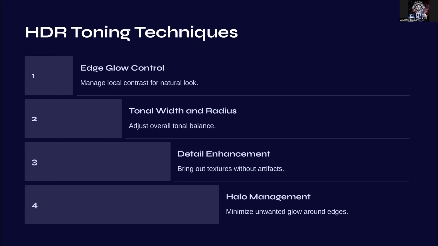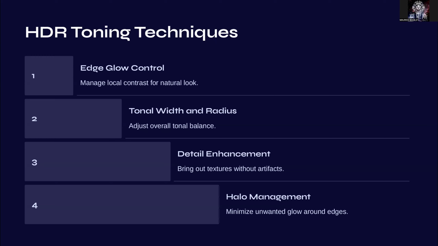Edge glow, which is managing local contrast for more of a natural look, to get kind of like the glowing skin or to tone down the added reflection of light from the picture, adjusting overall tonal balance with tonal width, detail enhancements, of course, and then glowing halos basically around the different edges where the color changes.